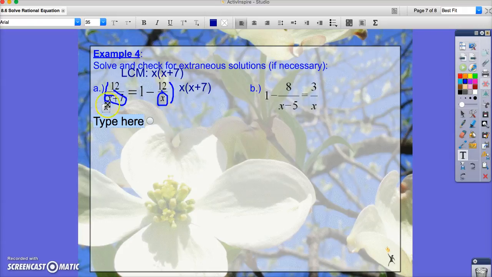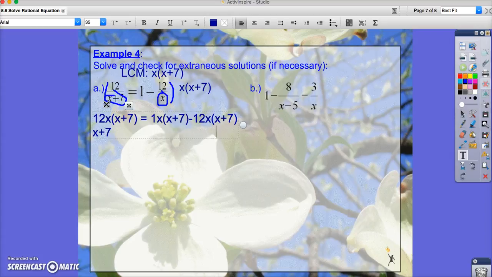So I get 12x plus 7 over x plus 7 equals 1x plus 7 minus 12x plus 7 over x.